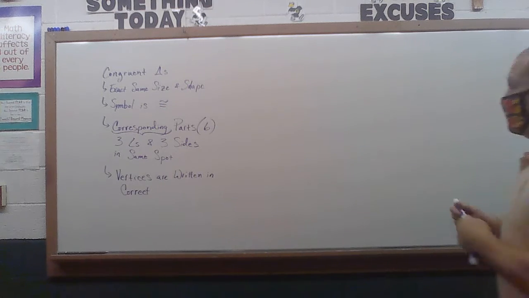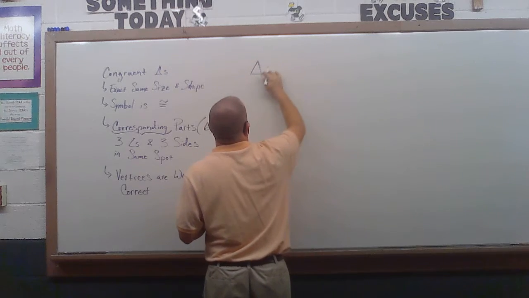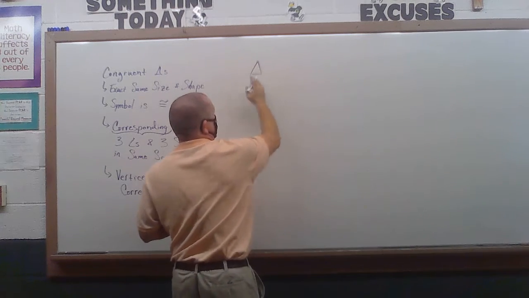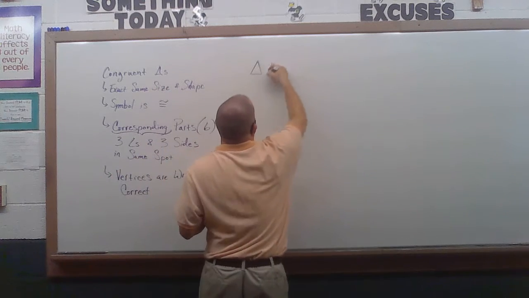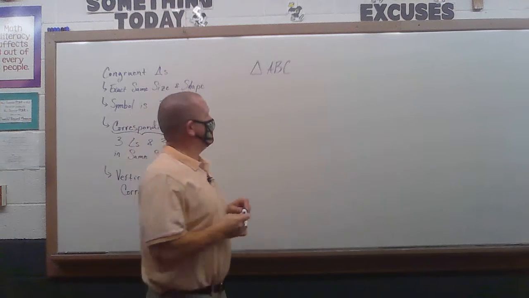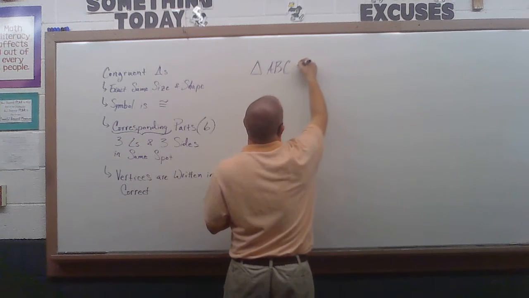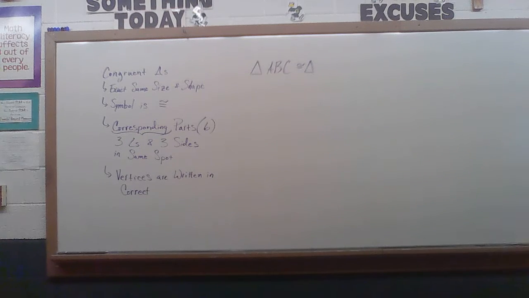So basically, you're writing your triangle however you see it. And again, maybe you want to do it from the same spot every time. Maybe you really want to do it in alphabetical order every time. So if I do alphabetical order, I'm going to say triangle ABC is congruent to triangle, and then I have to make sure that I go in the same order.